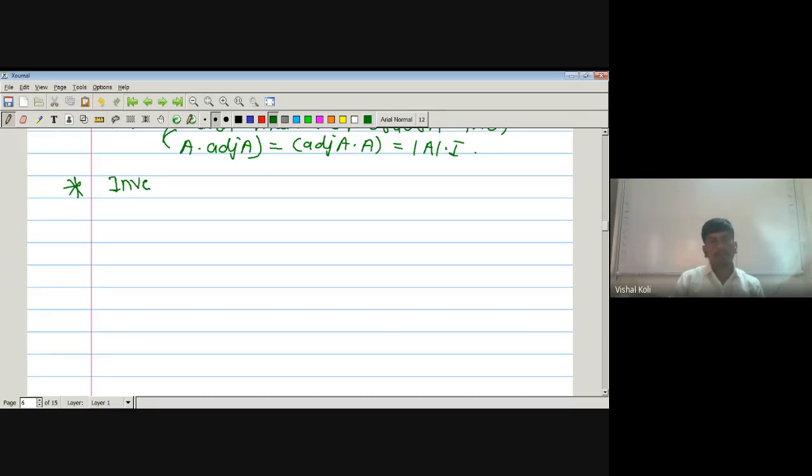Inverse of a matrix. Let A be a square matrix of order n.